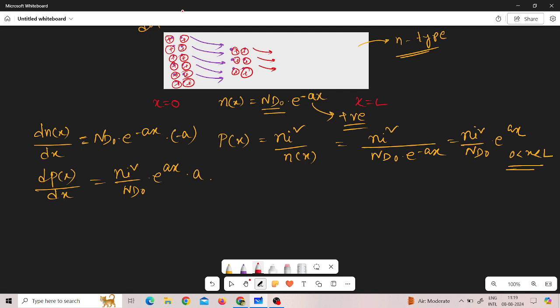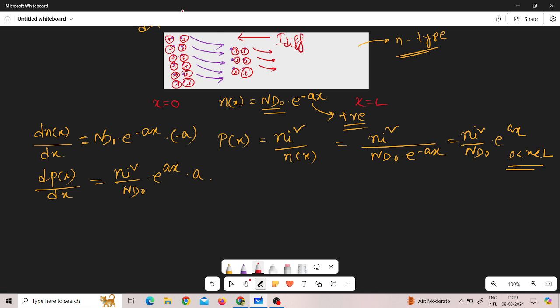As the electrons move from left to right, there will be a diffusion current in the opposite direction. So I can write I diff in this direction. Okay, and as the electrons move from this position and leave the positive ions, this creates an electric field.